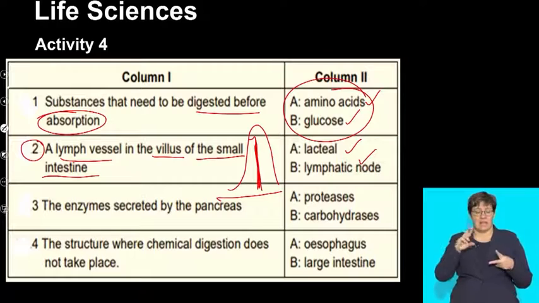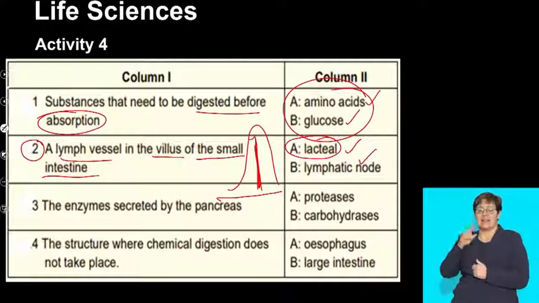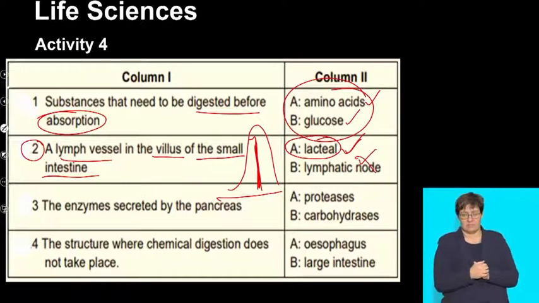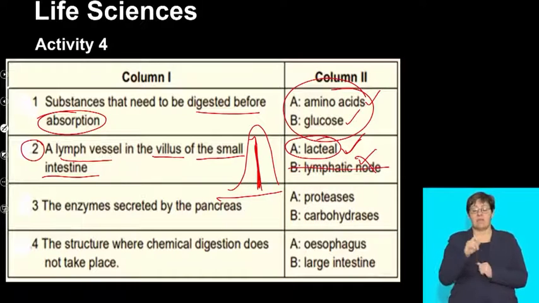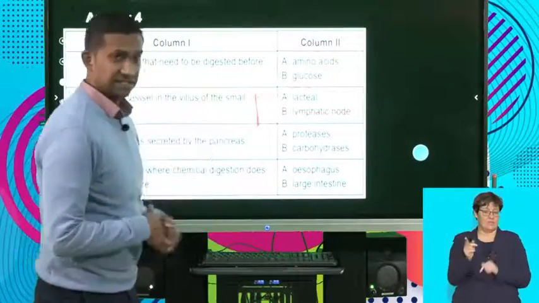Now both of these terms link to the lymph system. Unfortunately, it is only the lacteal that is responsible for the absorption. So the answer here will be A only and not B. The lymphatic nodes are present around the body but not in the villus.